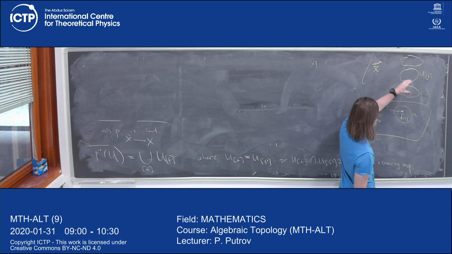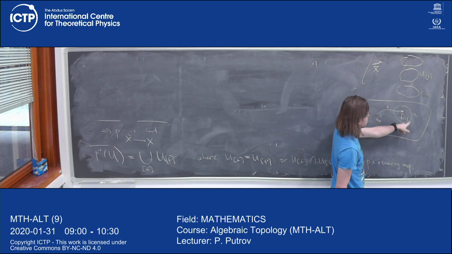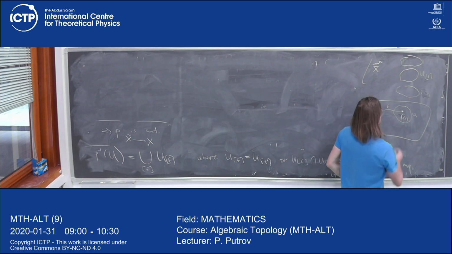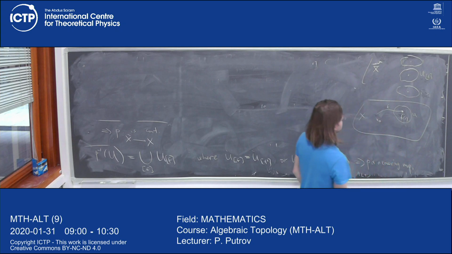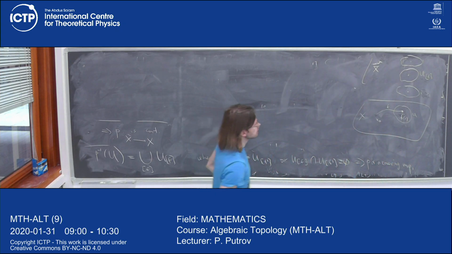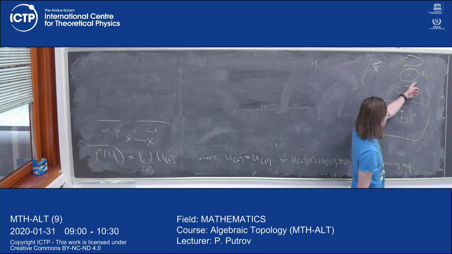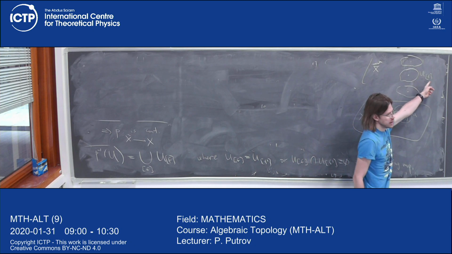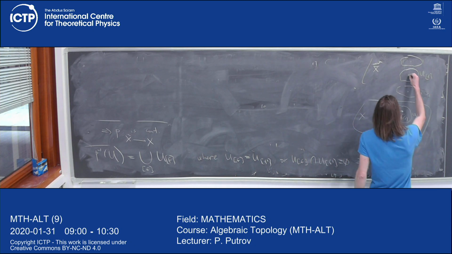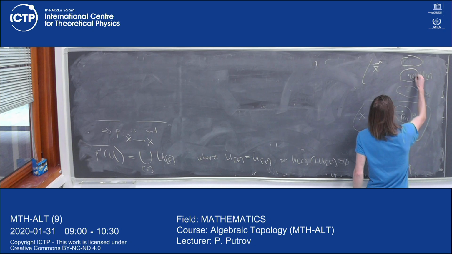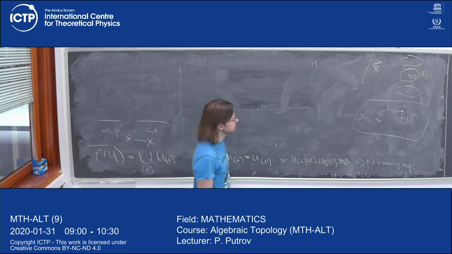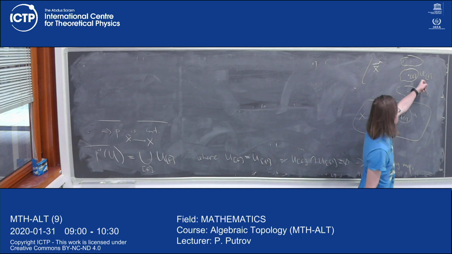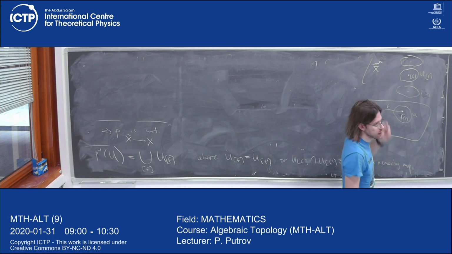And we showed that each of them is homeomorphic to U. By definition, this is a neighborhood of any point, because any point is realized as a class of F. So this was the construction of a neighborhood for any point.